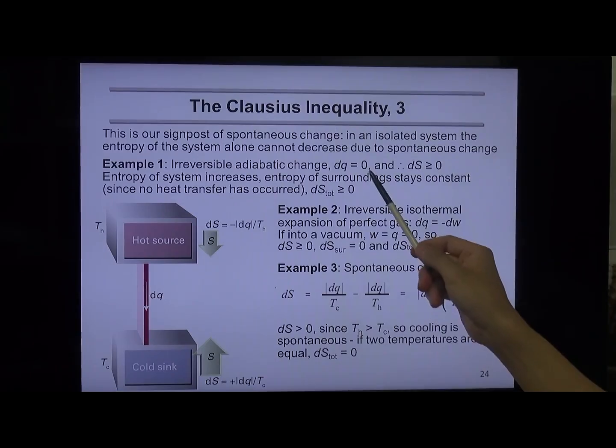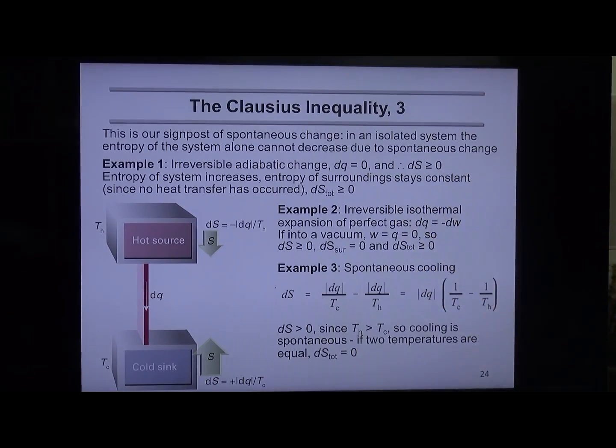For adiabatic change, dq is 0, so dS is always positive. Alright. Irreversible isothermal expansion of perfect gas. If into a vacuum, if the expansion is free expansion, then W is 0, q is 0. So this is true from the Clausius inequality, which means that the S total is always positive. Second law of thermodynamics.